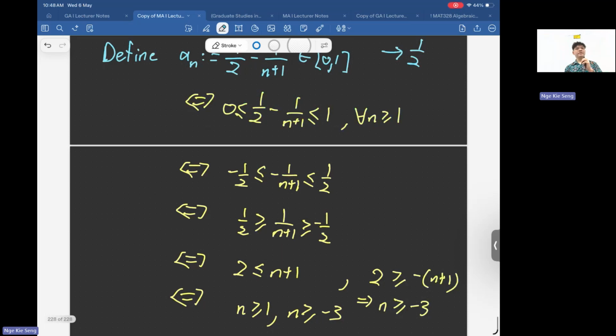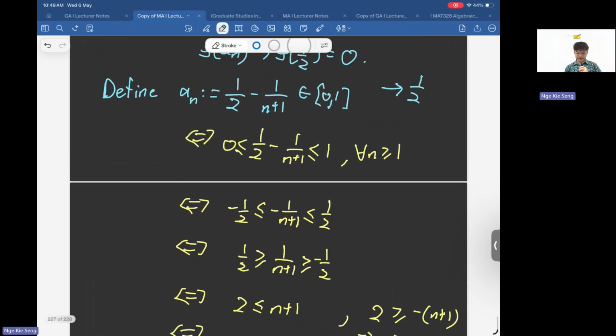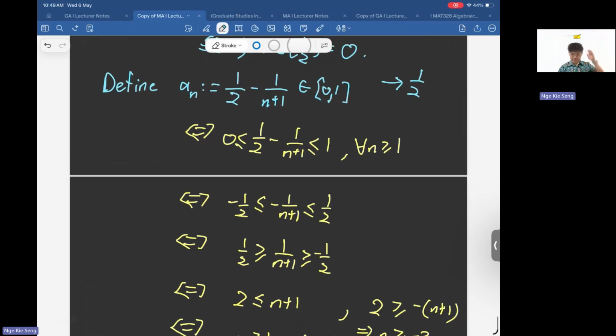Okay, everyone okay? So maybe one moral from this question is, when you see this kind of thing, don't be afraid, because this is just what you're going to do. It's just that we phrase it in a different way. And we say it is inside the interval instead of saying that it's bounded above or below by something.